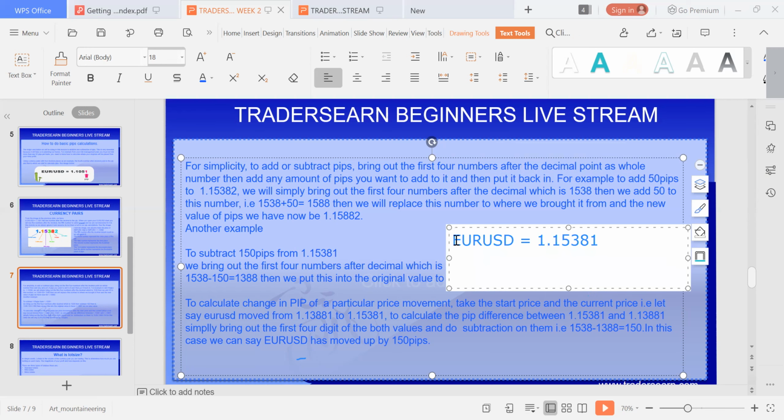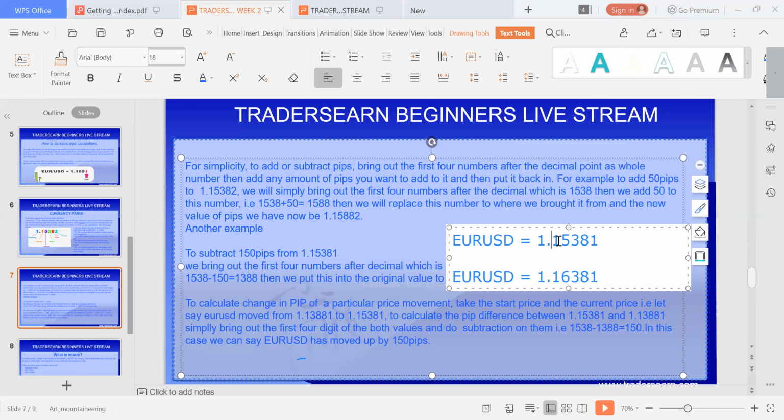Let's say it moves from that price to 1.16381, and you want to know how many pips of movement it has done.